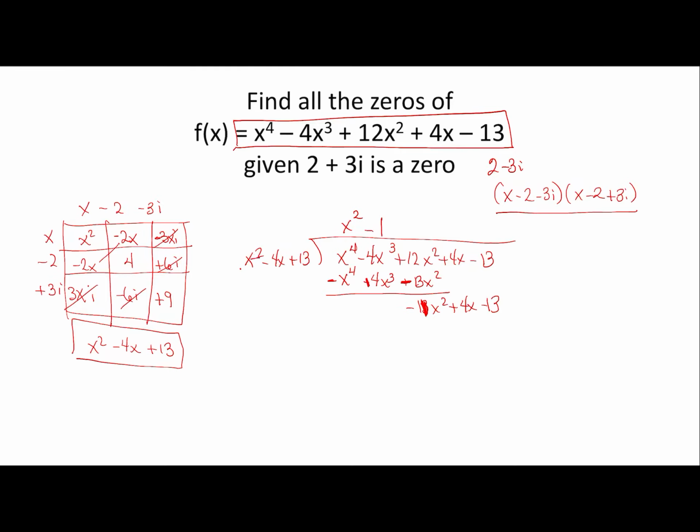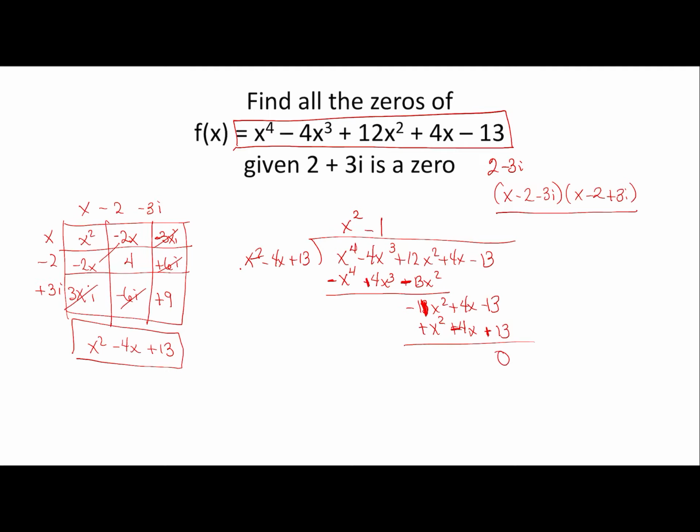So x squared times a -1 is a -1x squared. -4x times a -1 is a positive 4x, and a positive 13 times a -1 is a -13. If we now change all of our signs, we get a remainder of 0. So we know that we have factored that or multiplied it out properly.